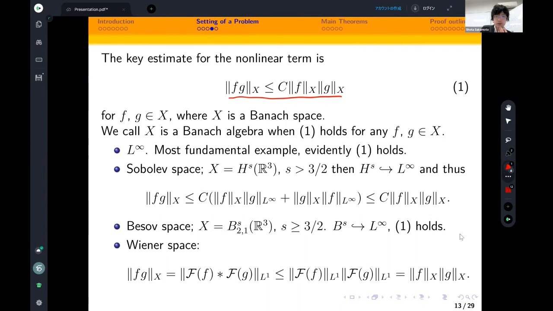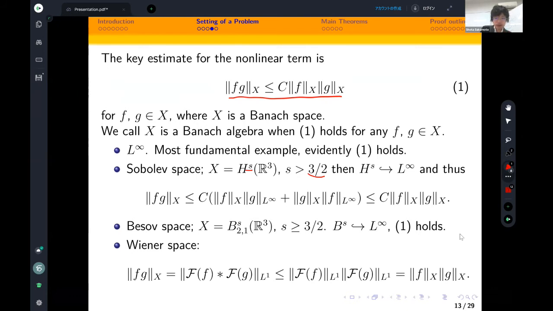The most fundamental example is obviously L infinity. I believe we do not need explanation about this. It's very obvious. And a Sobolev space also satisfies this condition, for the L2 based Sobolev space, if this s is bigger than 3/2, so dimension divided by 2.